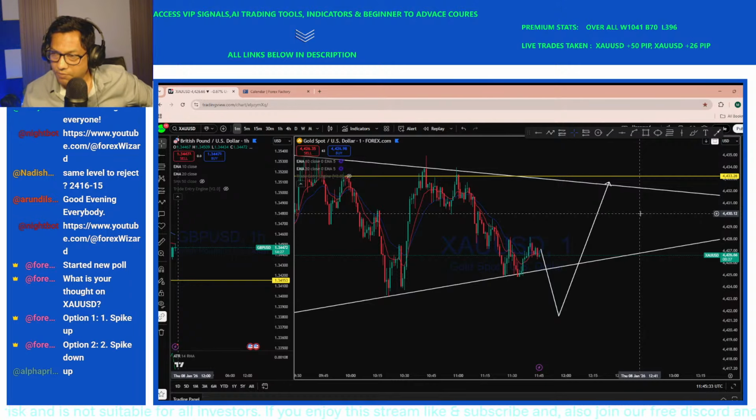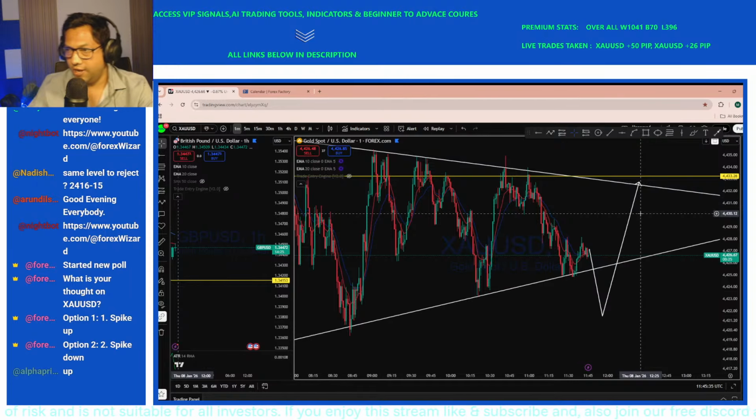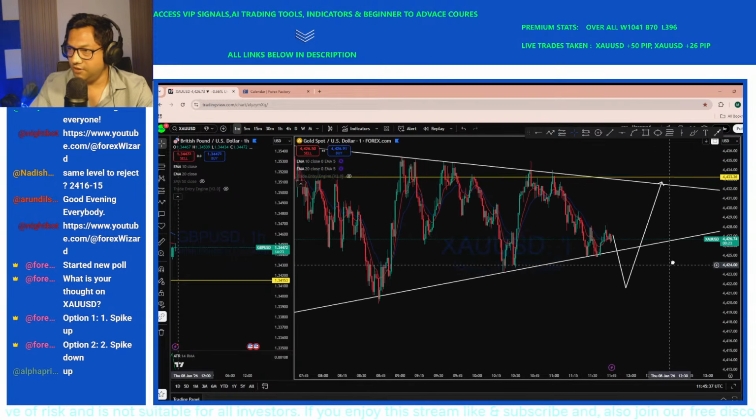We want to see the break of support before we look for any entry back to the upside here.